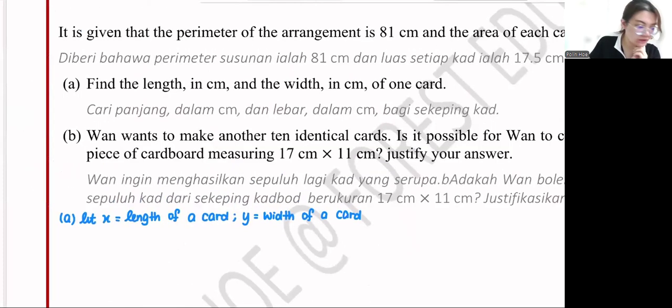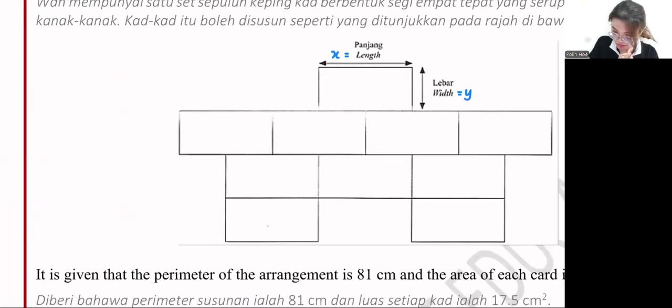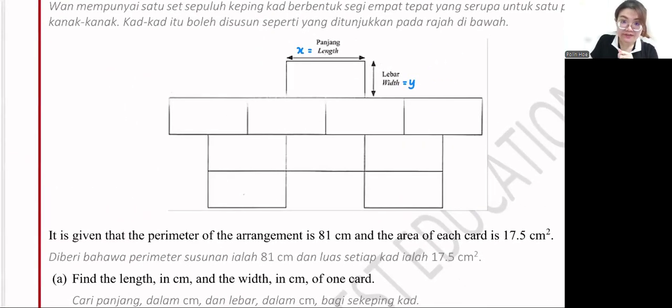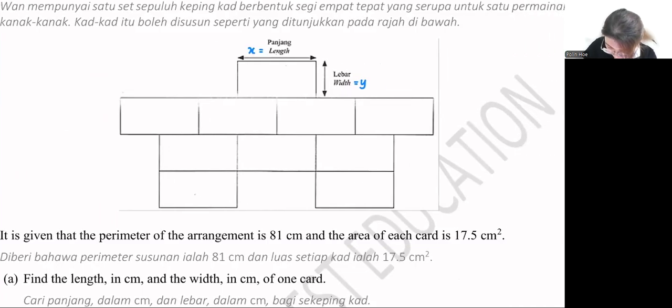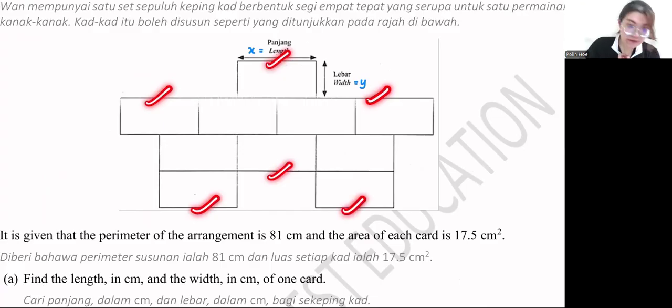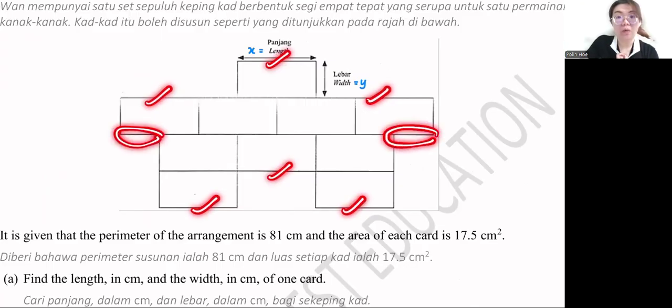Perimeter equals 81. How many x? You calculate, I highlight. Perimeter is the outside, so we need to take everything. 1, 2, 3, 4, 5, 6. Am I right? No. This part and this part plus up, 7, 8.